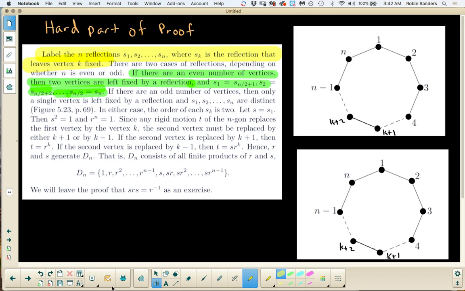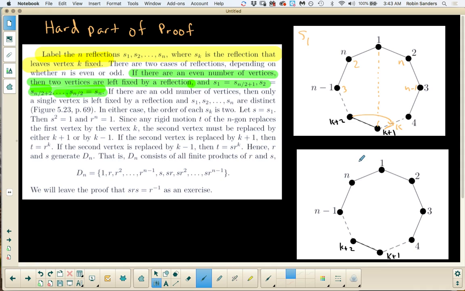One thing that I want to notice is that S1 is just going to be our flip from the previous video, where 2 and n switched places and 3 and n minus 1 switched places, and eventually we get down to k plus 2 switches places with the vertex k, which is on the other side of k plus 1.